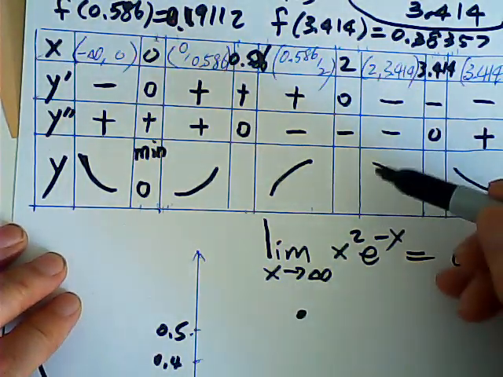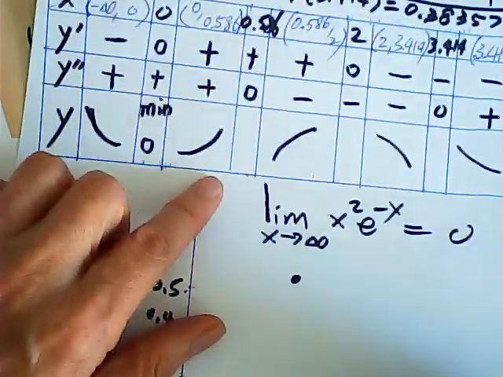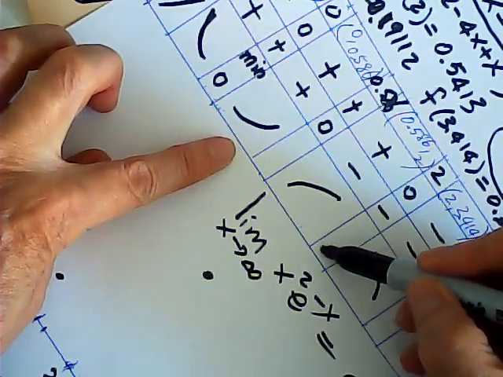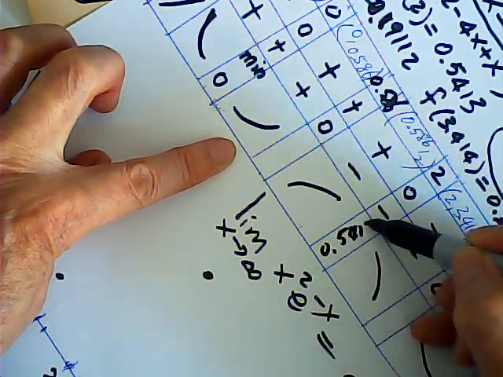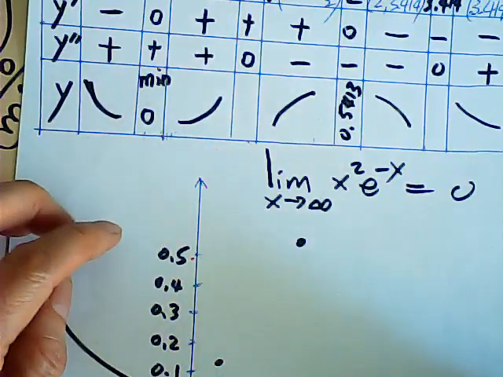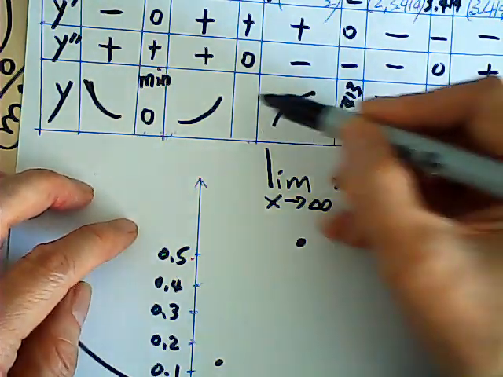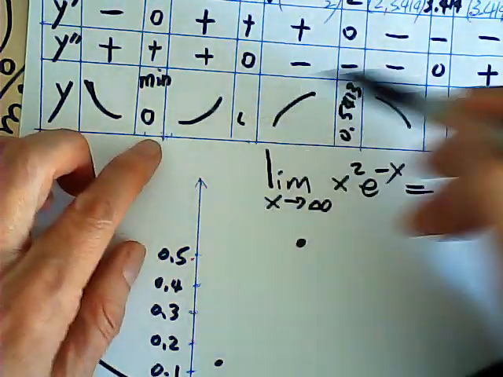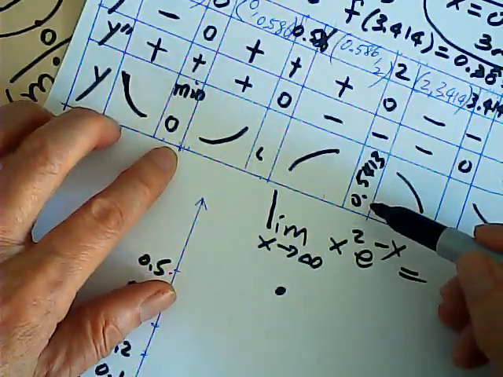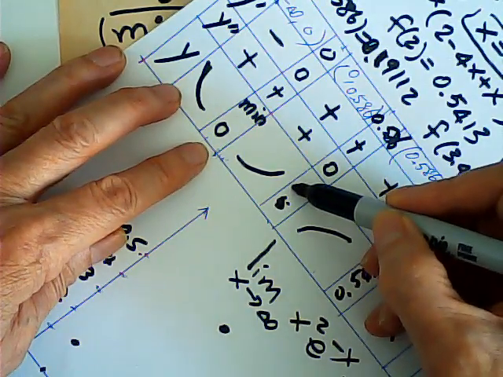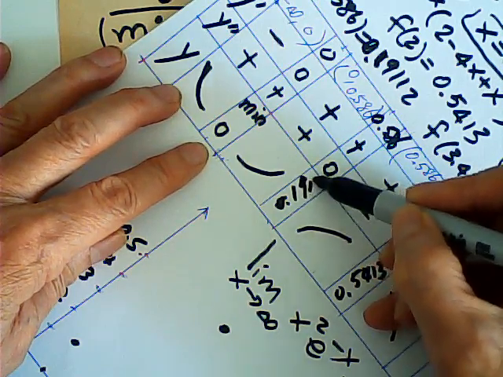Next point. Now let me write down this one. This is 0.5413. The 0 is 0. This is 0.19112.